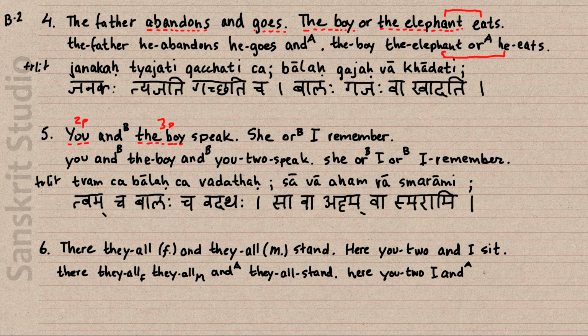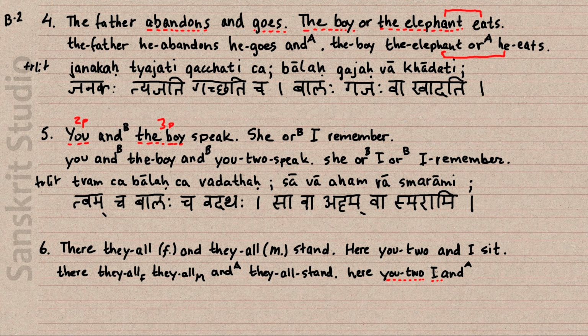And here then we have another rule. Whenever we have second person and first person, the rule is that when we are combining these, we will let the first person win wherever he stands.